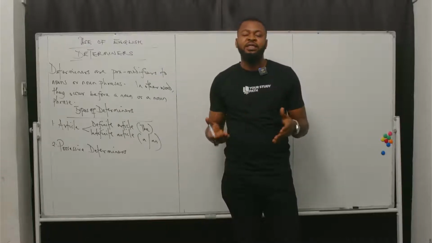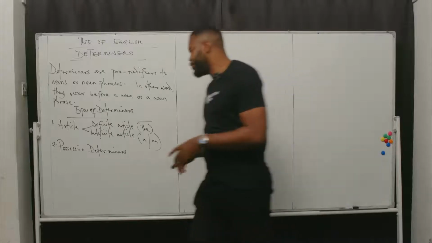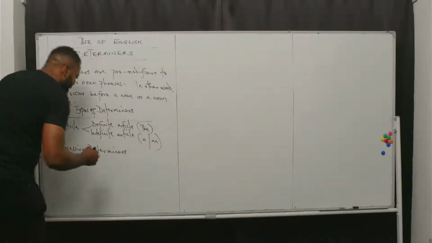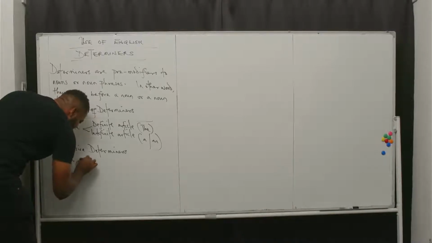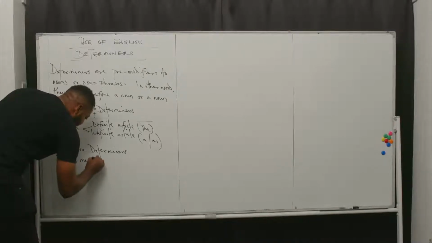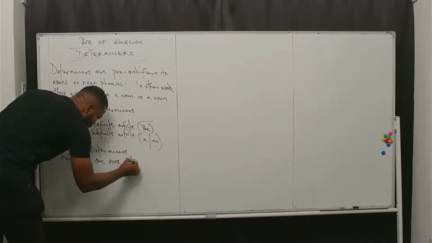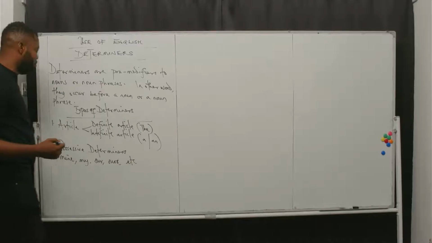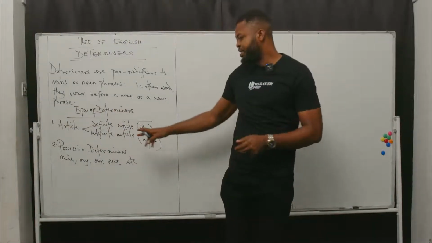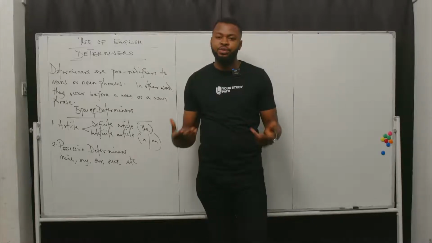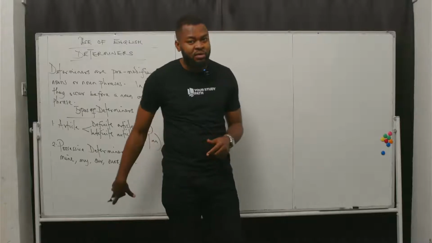They help to indicate that something belongs to someone or that someone owns something. So examples you could have here are my, mine, our, ours, and so on like that. I'm going to state the rules that govern the usage of possessive determiners. So that's the second aspect.